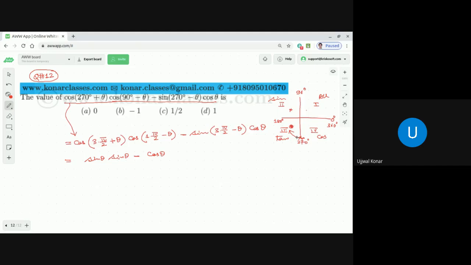In the third quadrant, sine is negative, so it should be minus of minus, which is actually minus cos theta, and cos theta as it is. So what we get here is sine square theta plus cos square theta, which is 1, and eventually we get the correct option as D.